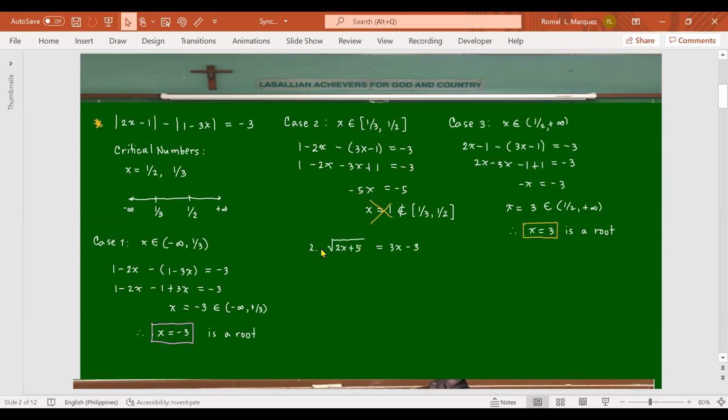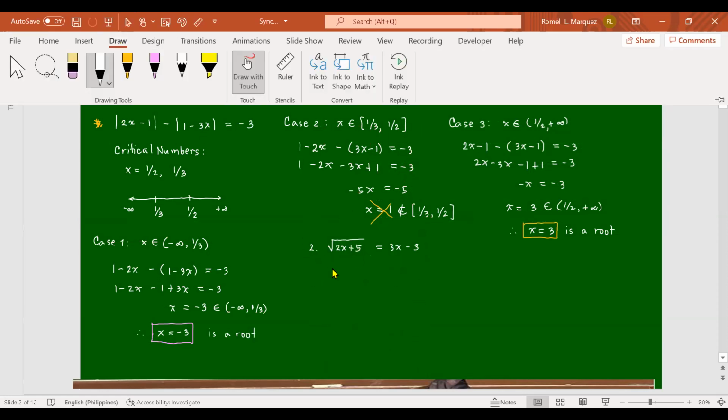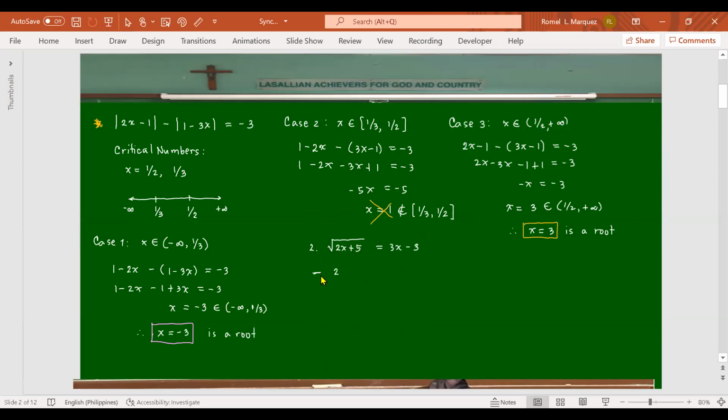We square each side, right? How do we square each side? 2x plus 5 squared is 9x minus 18x plus 9. Is it 18x? Children, plus 9.